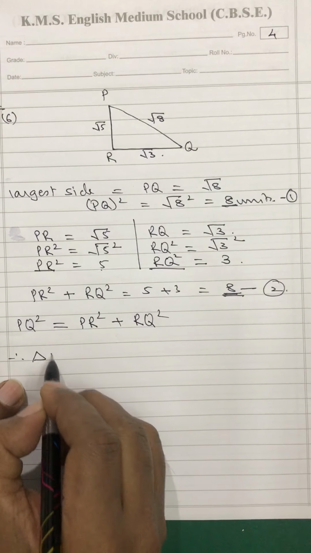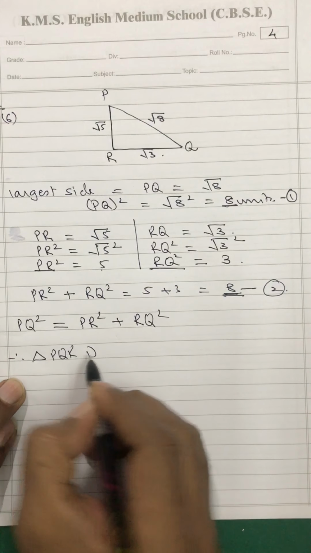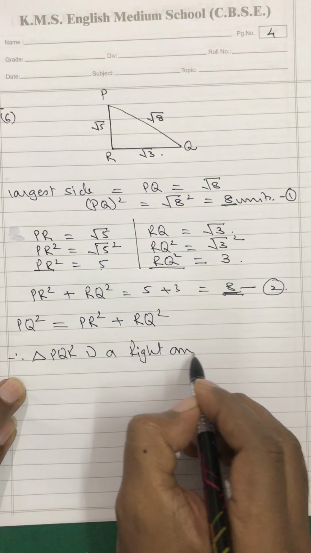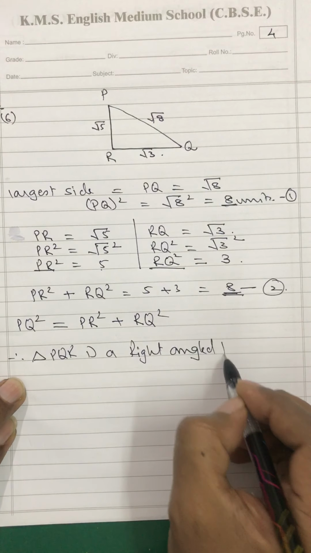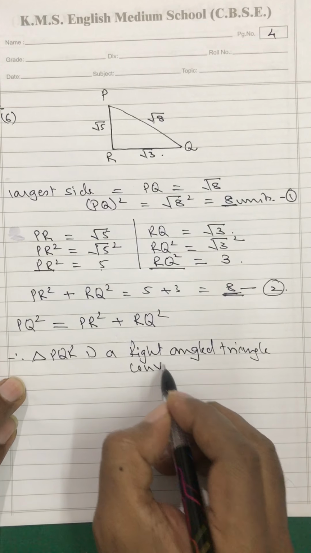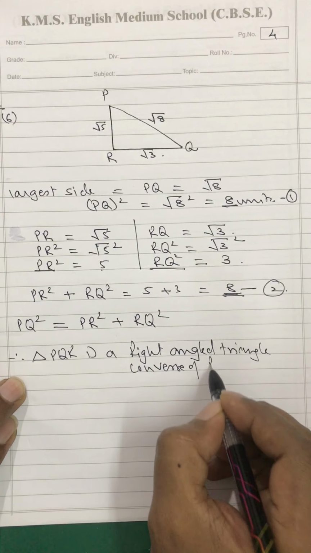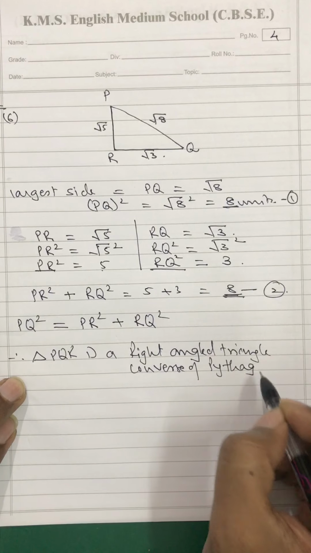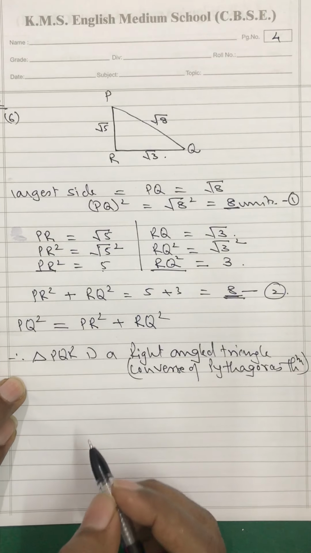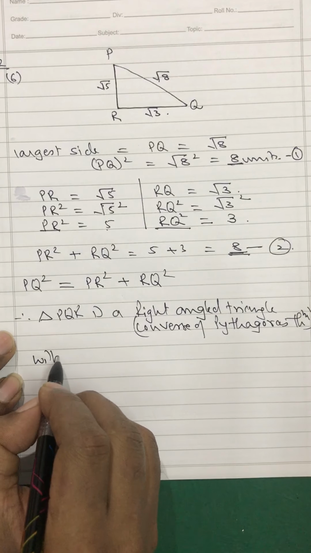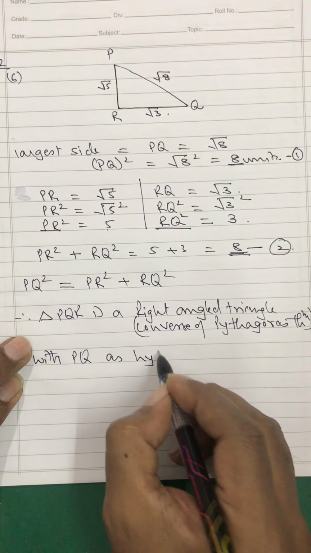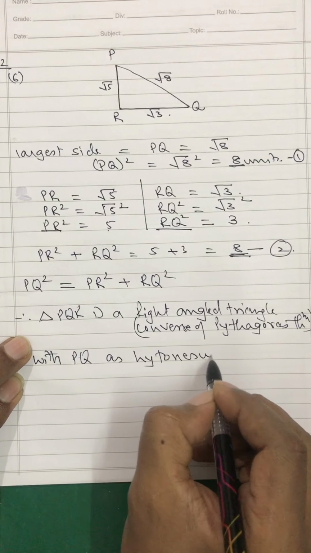Therefore, triangle PQR is a right angled triangle. For this the reason is converse of Pythagoras theorem with PQ as hypotenuse, right?